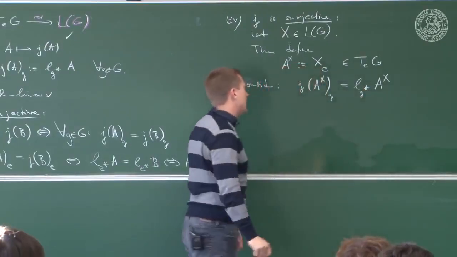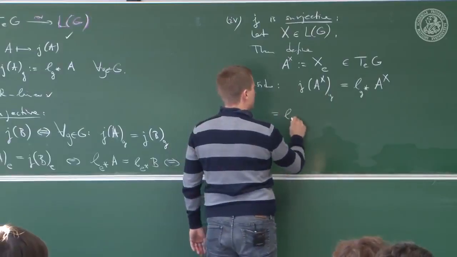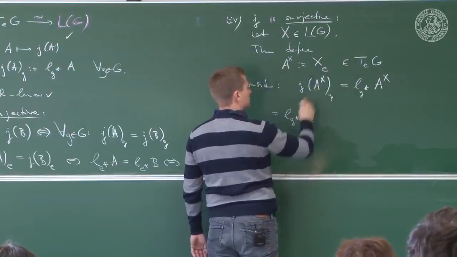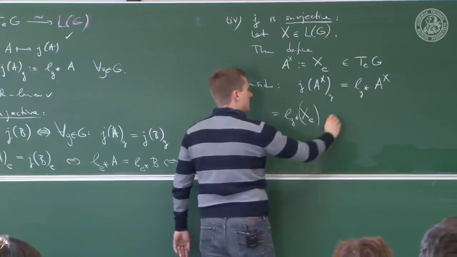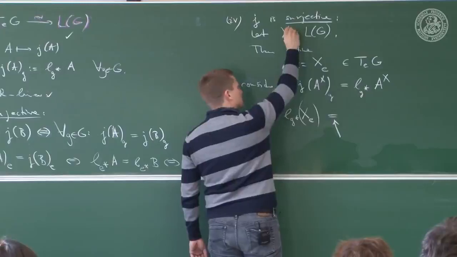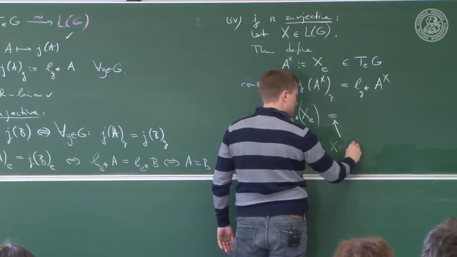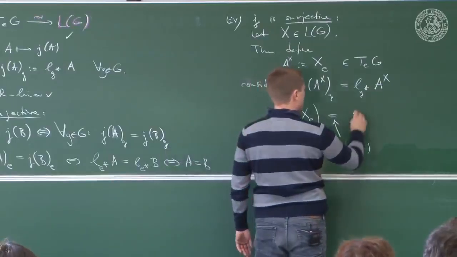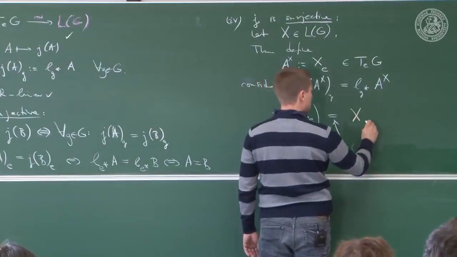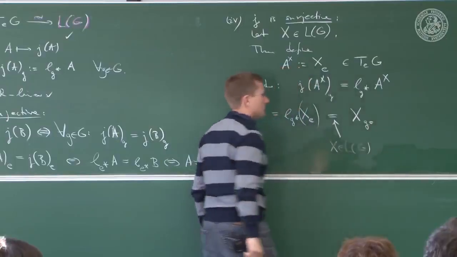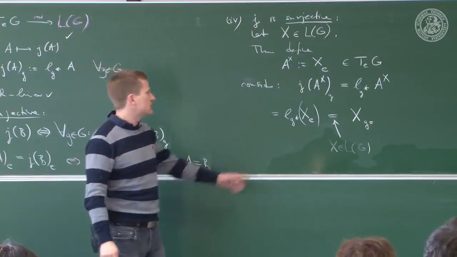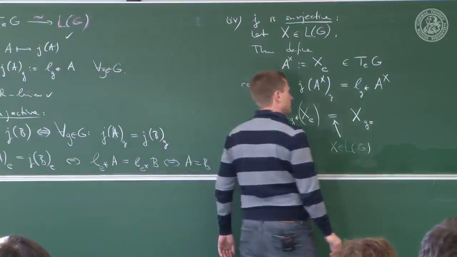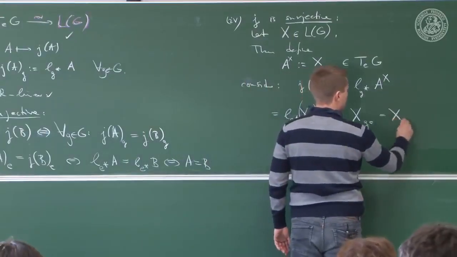LJ push forward of AX, but that is LJ push forward of X at position E. But now I use that X is an element of the left invariant vector fields, so I know that this is the same as XGE. That was the second formulation of left invariant vector field, equivalent formulation, and that's of course XG.